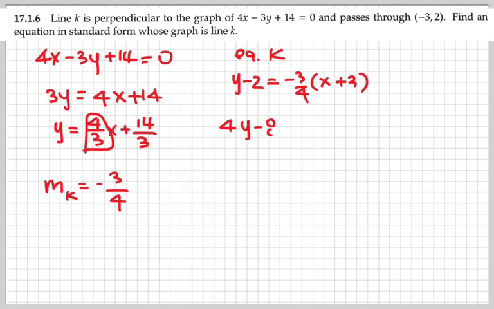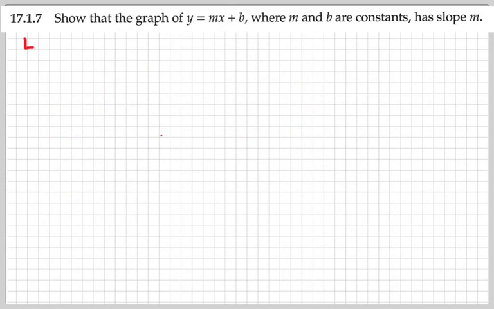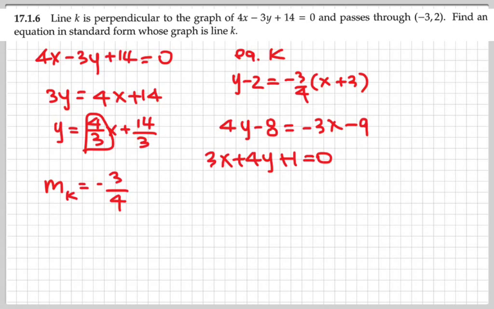Then we get 4y minus 8 equals -3x minus 9. Then to have it in standard form, I'm going to move everything onto one side. Then we get 3x plus 4y plus 1 equal to 0. Alright, this one was the answer.